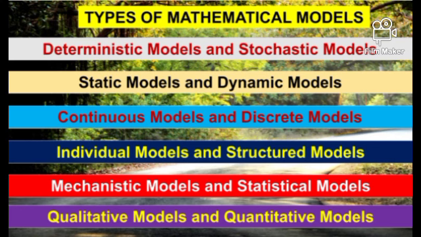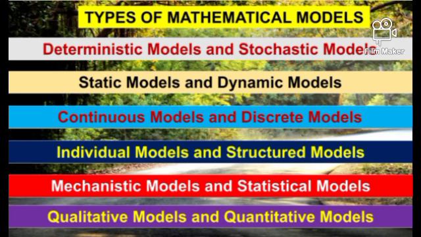Mathematical models can also be classified as static models or dynamic models. Static models are at an equilibrium or steady state as opposed to dynamic models which change with respect to time.